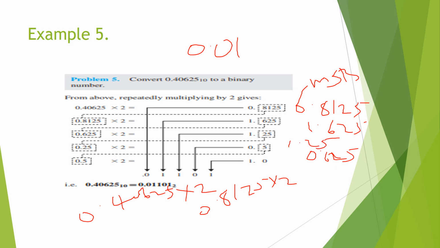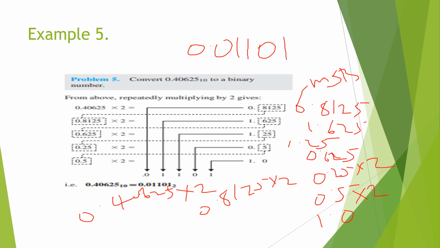We take our bit, which is 1, and then we multiply 0.25 by 2. In this case we get 0.5. So we record our 0 here, and then our least significant bit now, we multiply 0.5 by 2, we get 1.0. So you can see now there is nothing left for us to multiply, because 0 multiplied by 2 will always give us a 0, so we can record the 1.